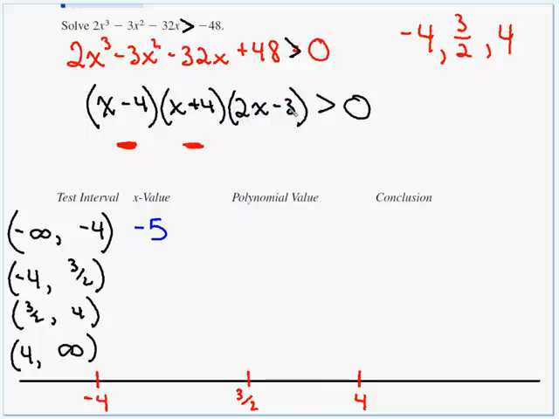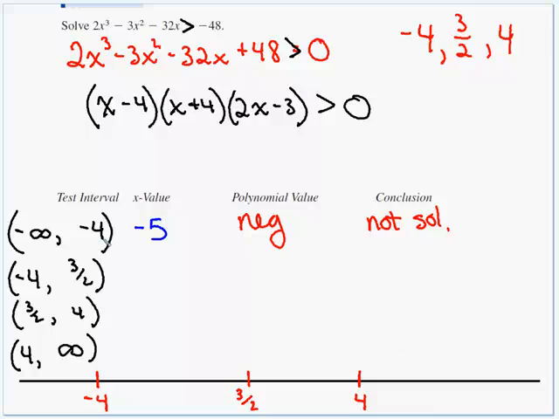That would be a negative 10. And we minus some more, so that would also be negative. A negative times a negative is a positive. Times another negative is a negative answer. So here our polynomial value is negative. And we want to be greater than 0. Is a negative number greater than 0? No. So this is not part of the solution.